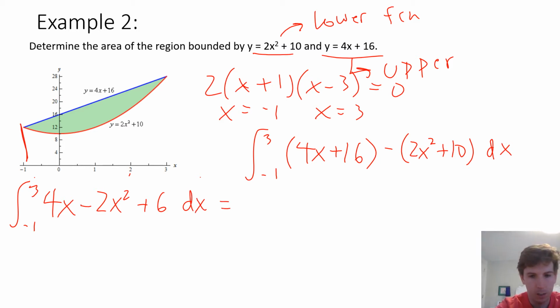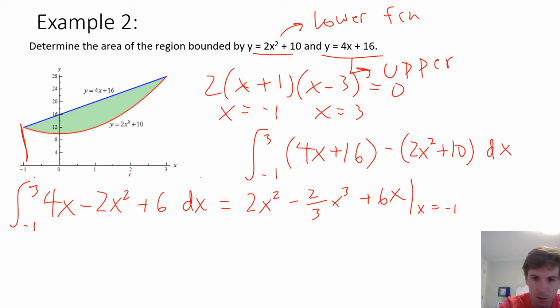Now we can integrate. So it's going to be 2x squared minus 2/3 x cubed plus 6x, and we're evaluating this from x equals negative 1 to x equals 3. All right, so we just need to plug in those values here.